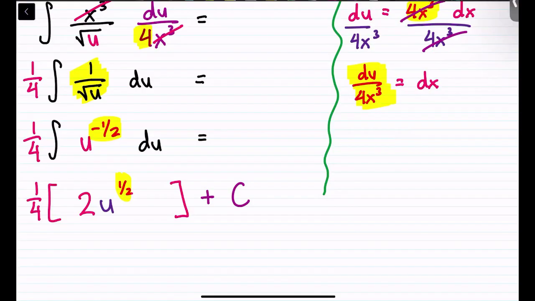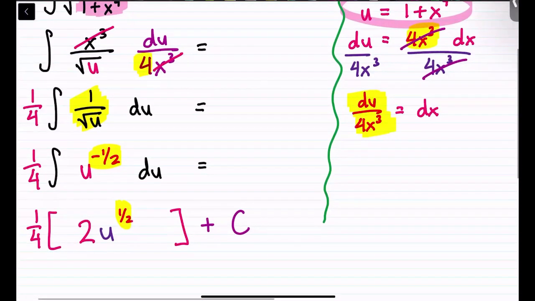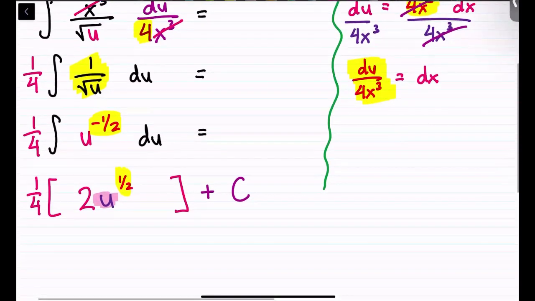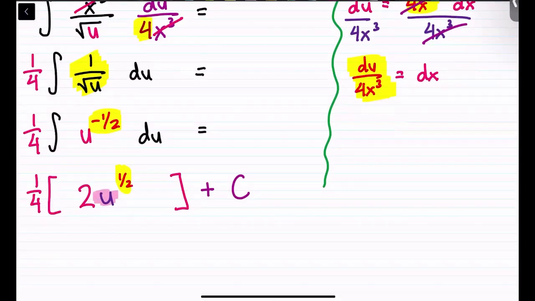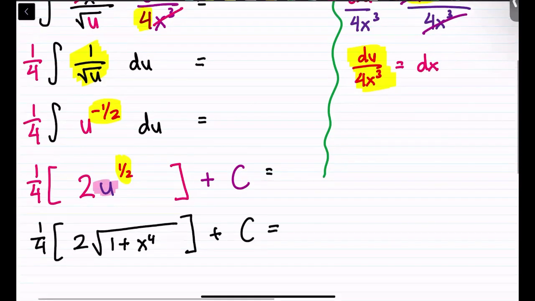Now let's bring our u function back into x. So now we have 1 over 4 times 2 times the square root of 1 plus x to the fourth power plus c. One more step.